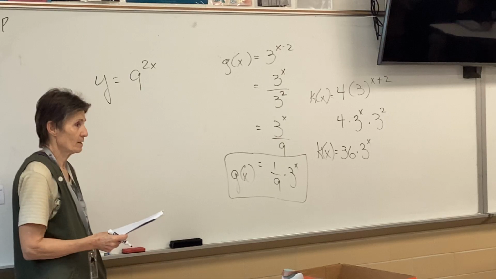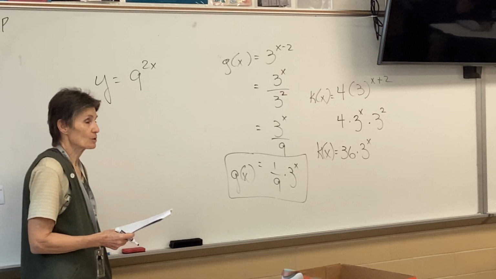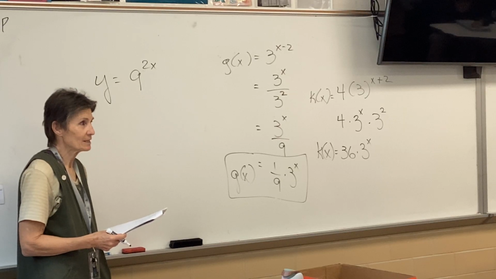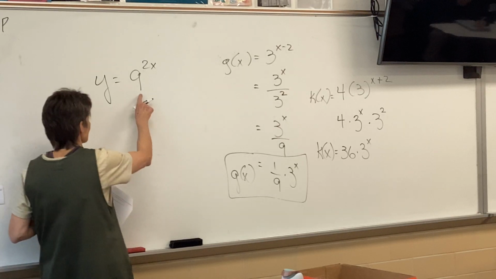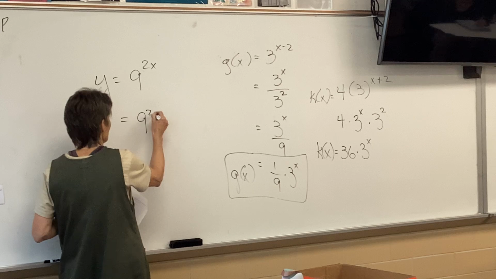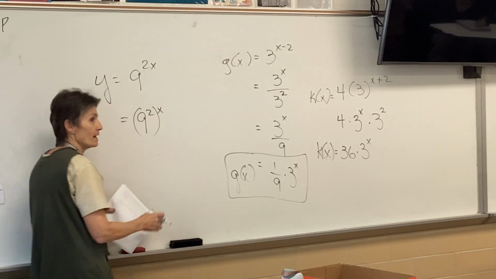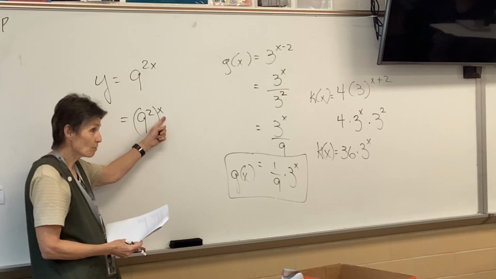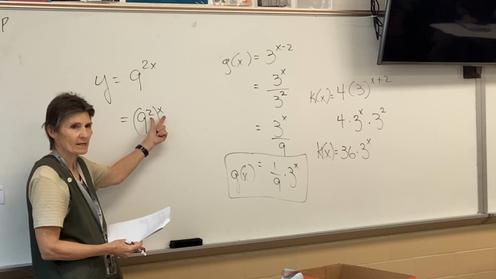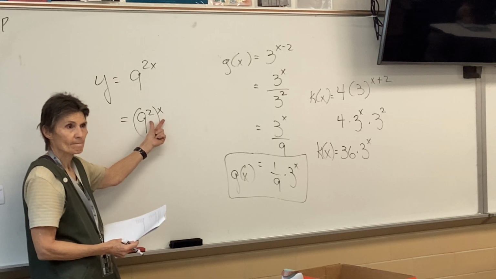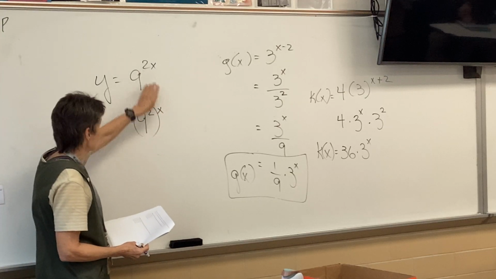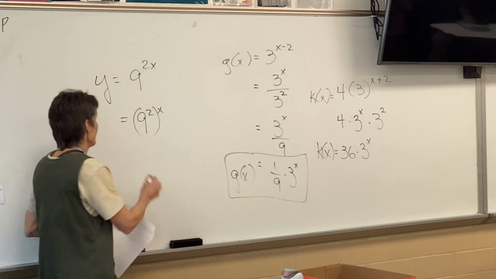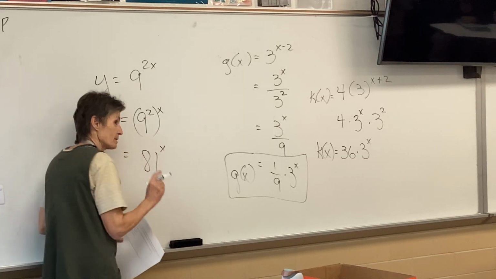I'm going to say D. Do you think he should say D? Because this is the same as this, isn't it? Remember, when you raise a power to another power, don't we multiply our exponents? So taking that 2x apart and thinking of it as 2 steps, that would be 81 to the x. You are exactly right.